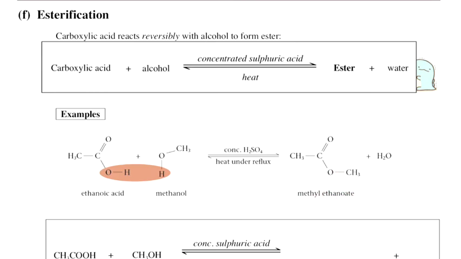That's also why we name esters like this. An ester is actually formed by the combination of an alcohol, which is the methyl part, with a carboxylic acid, which is the ethanoate part.